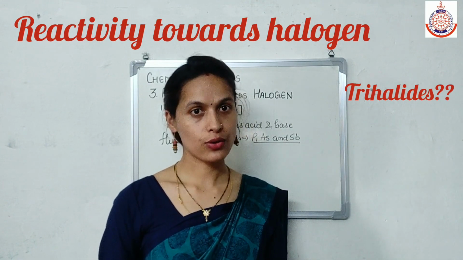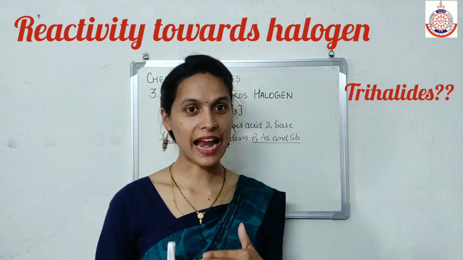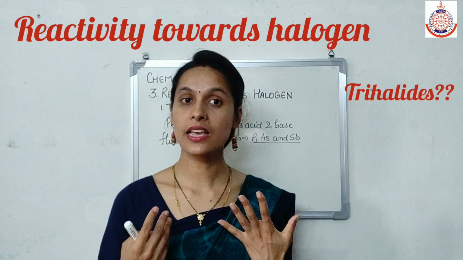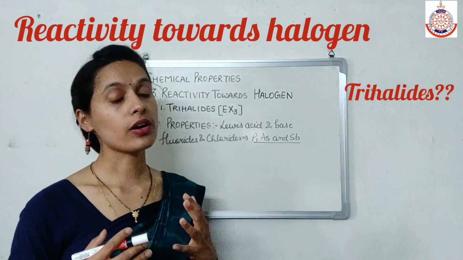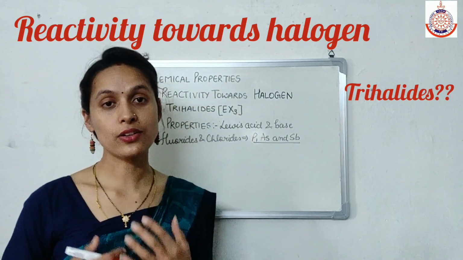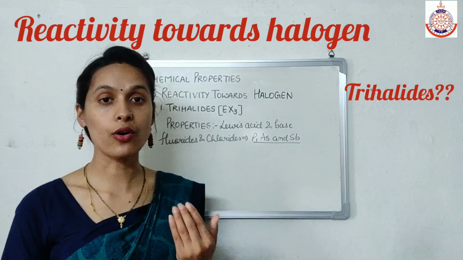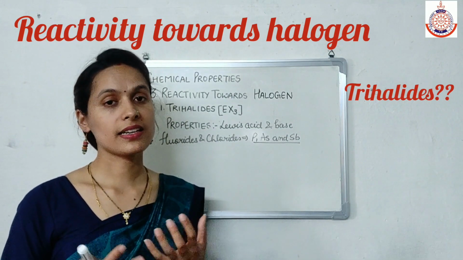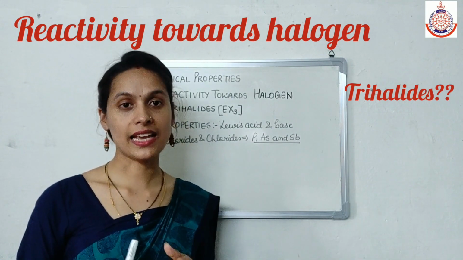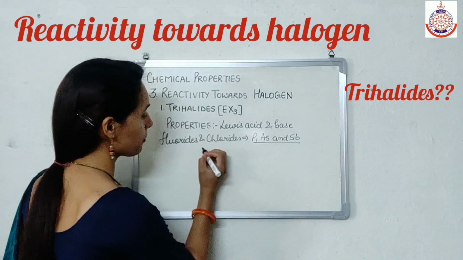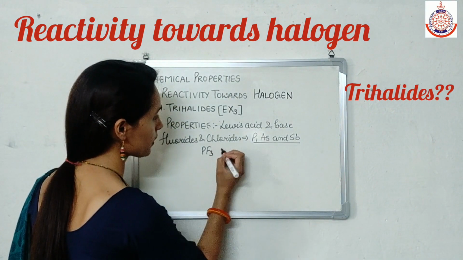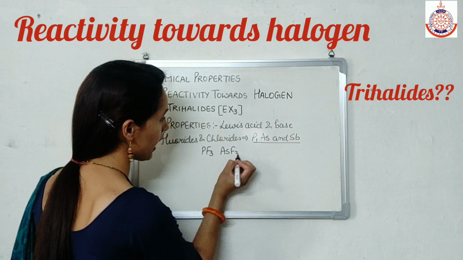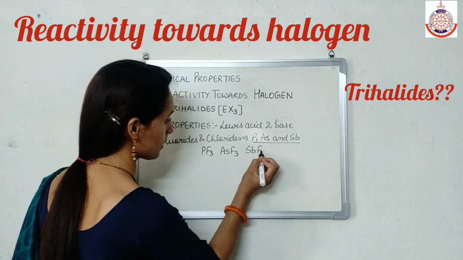Accept the electron in the d orbitals and thus act as a Lewis acid. Now if I talk about the acidic strength, the acidic character, how easily they accept the electron, if I talk about PF3, AsF3 and SbF3.